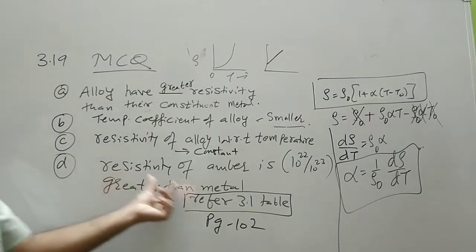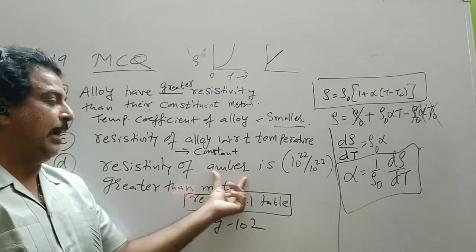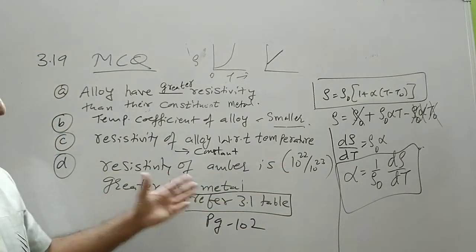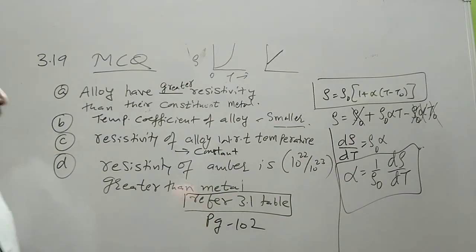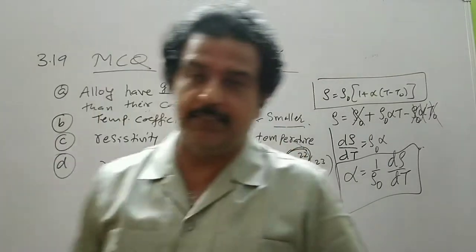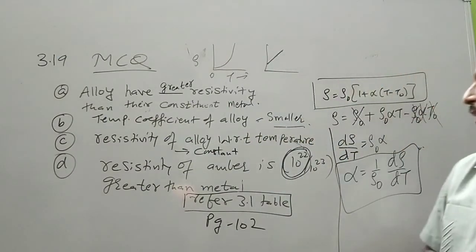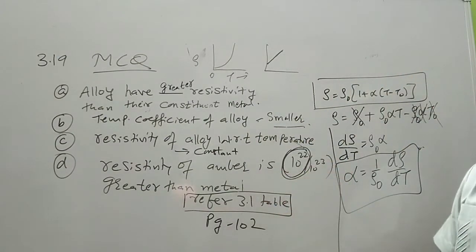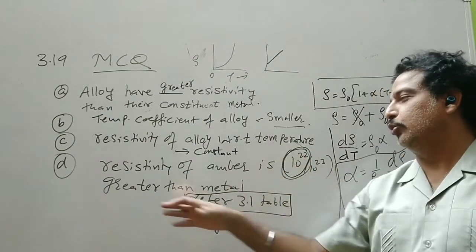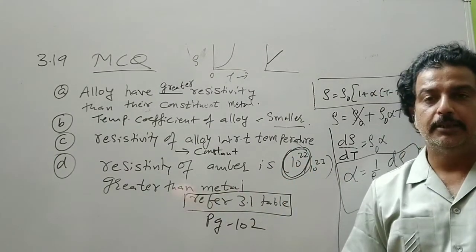Then the resistivity of an insulating material, amber, is 10 raised to 22, 10 raised to 23 times greater than a metal. Now this you have to remember, simply you have to memorize this value. So the resistivity of amber is about 10 raised to 22 times greater than that of the metal.